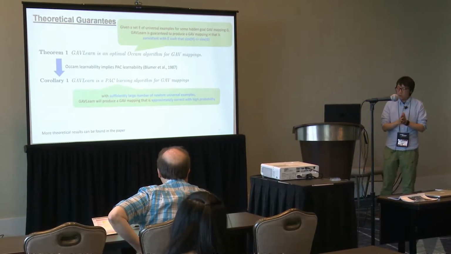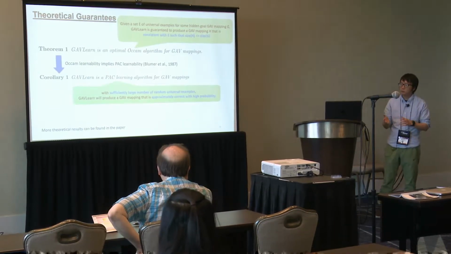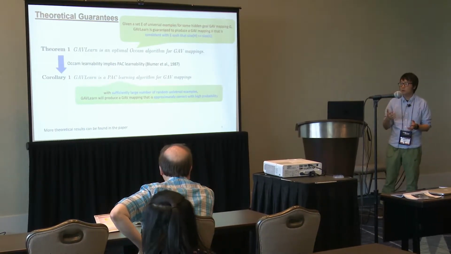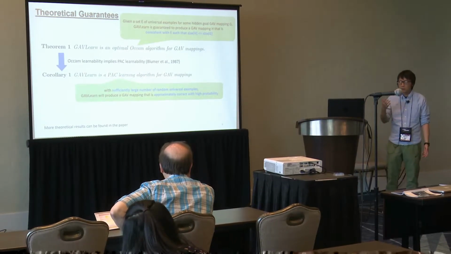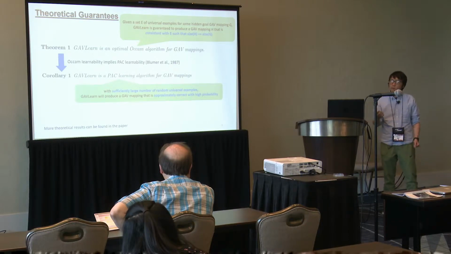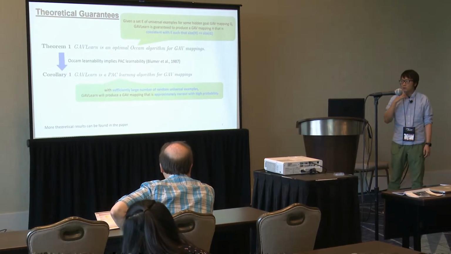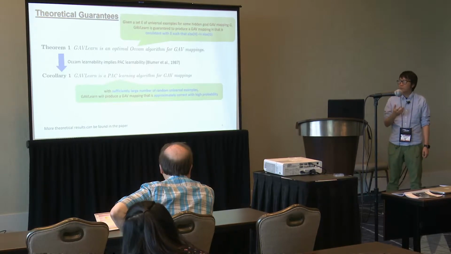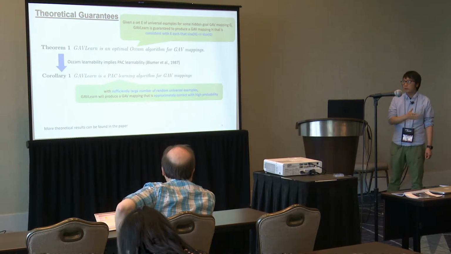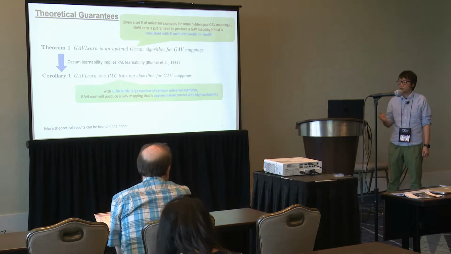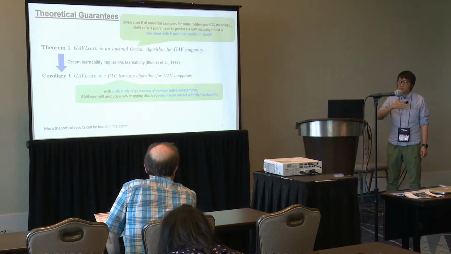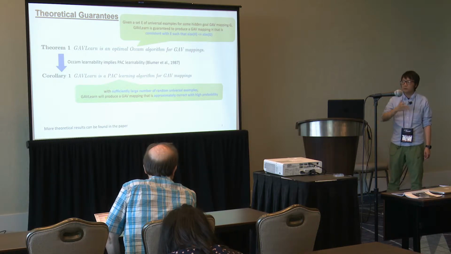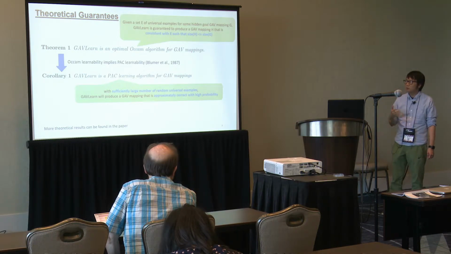GAVLearn also has several nice properties. We show that GAVLearn is an optimal algorithm for GAV schema mappings. Here, optimal means that if we are given a set E of universal examples for some hidden Go schema mapping G, GAVLearn is guaranteed to produce a GAV mapping H that is consistent with E, and the size of H is at most the size of G. And because of a result shown by Blumer et al. in 1987 that Occam learnability implies PAC learnability, we have that GAVLearn is also a PAC learning algorithm for GAV schema mappings.